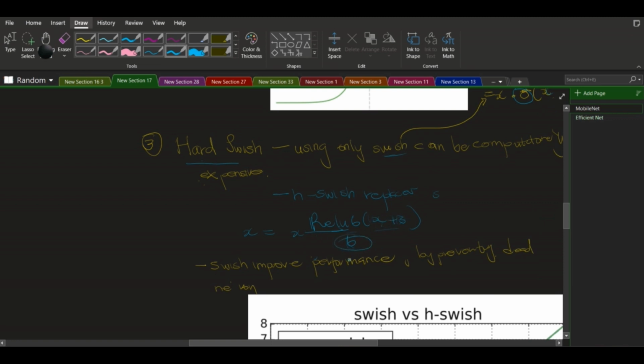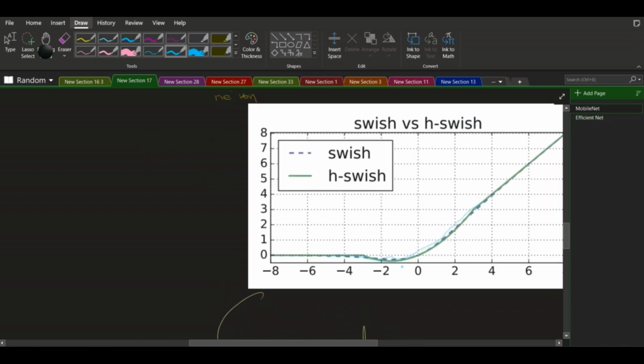So essentially hard swish improves the performance and it prevents the dead neuron, because if we look at this plot here, it has this smooth curve. Because ReLU sets everything to 0, there are certain values that are not necessarily ignored. There's that smooth curve if we look into this here.